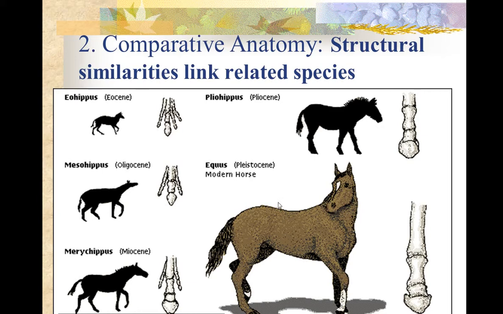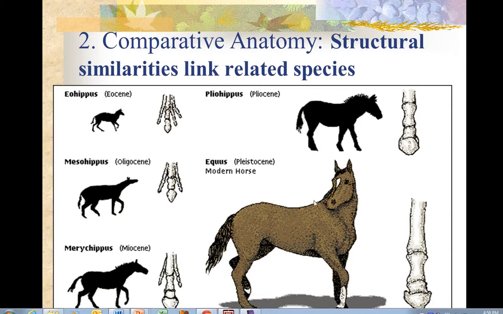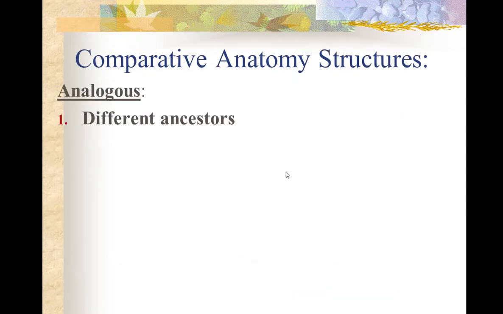So we're looking at three basic terms when you're looking at comparative anatomy. Structural similarities are going to link the species. Usually I jump right to here. This is a set of notes that my students copy.